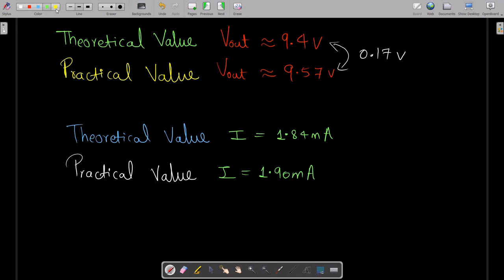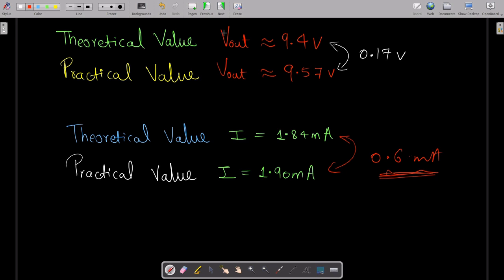That means there is a difference of roughly 0.06 milliampere, if I want to calculate. So this amount of difference is quite acceptable.